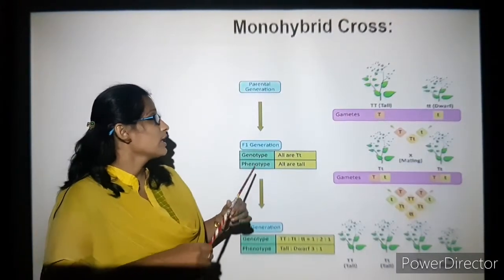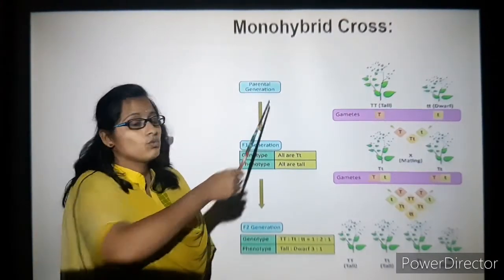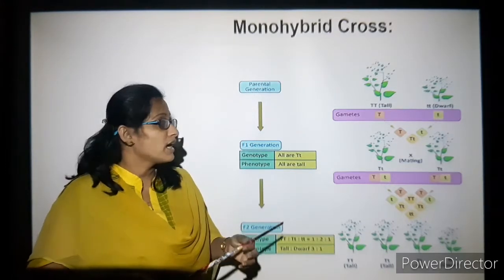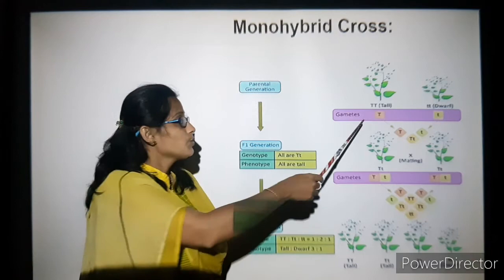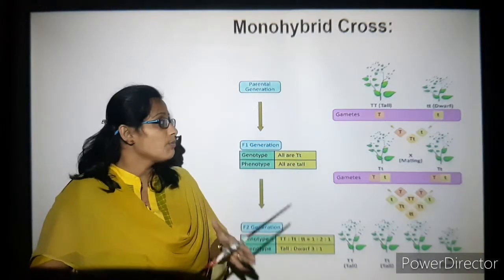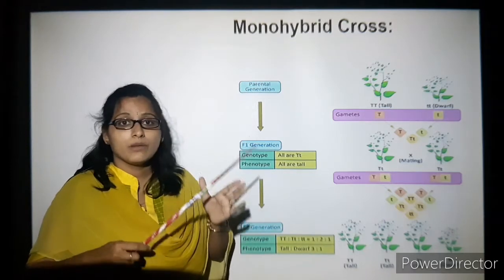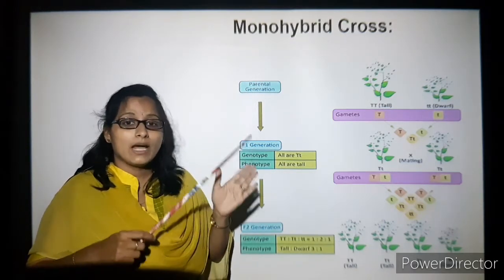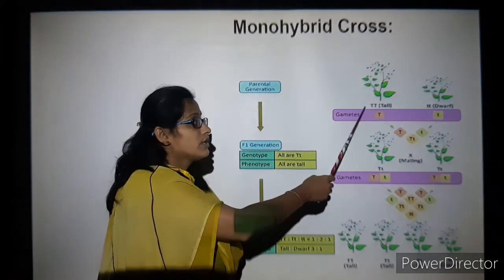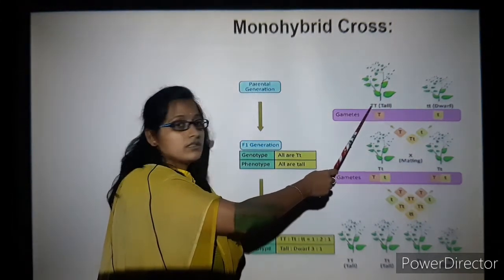So here you can see the parental generation. What does parental generation mean? The parent pea plant. So parent pea plant, he used tall plant versus dwarf plant. So tall plant gametes, he represented it as the capital letter T. It represents the capital letter. Gametes are 2.